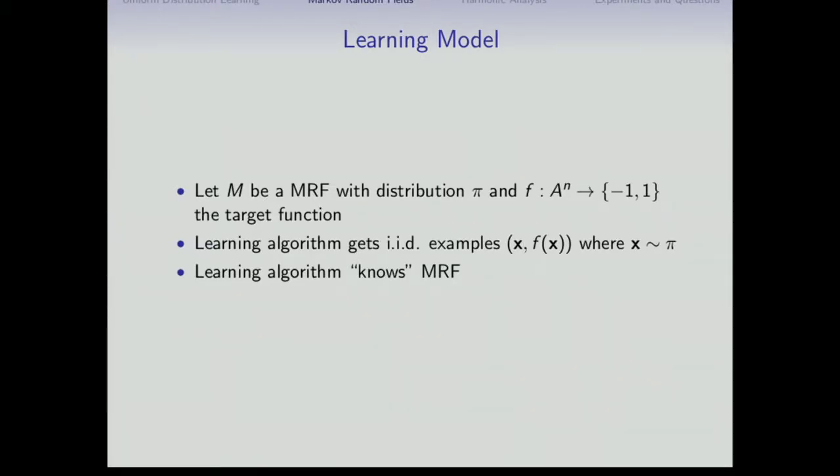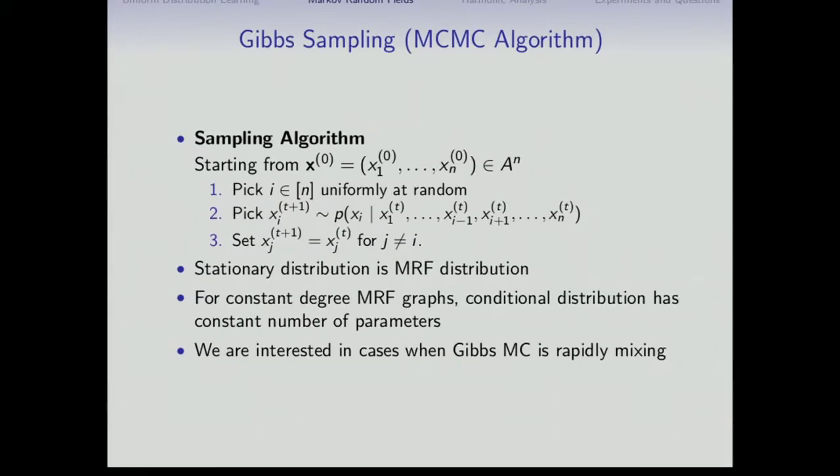I'll make it precise on the next slide what we in particular need for the learning algorithm to know with respect to this. In particular, for sampling from a Markov random field, there's a generic algorithm called the Gibbs sampling algorithm, an MCMC algorithm. Here's the description of the algorithm.